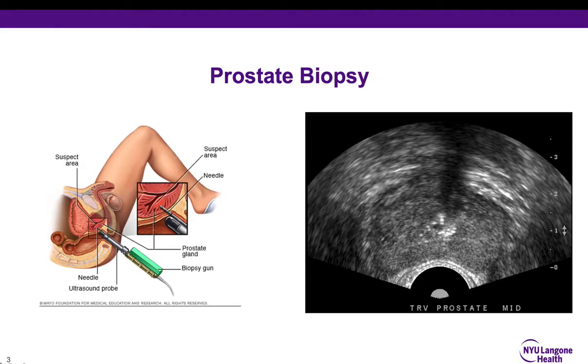During a prostate biopsy, the ultrasound probe is inserted into the rectum to allow for visualization of the prostate. You can see here in this cartoon representation, the transrectal ultrasound probe is inserted, allowing for visualization of the prostate. The images you can see here on the right side of the slide.